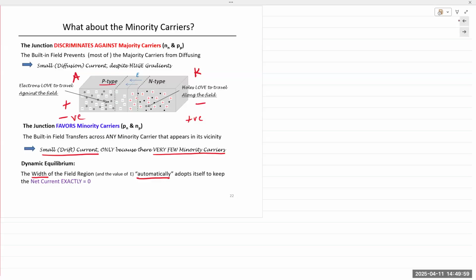So the minority carriers in both cases are pushed across the junction in reverse bias. And so in reverse bias, a very, very small amount of current flows through. The value is so small because of the very, very low concentration of minority carriers on both sides of the junction.